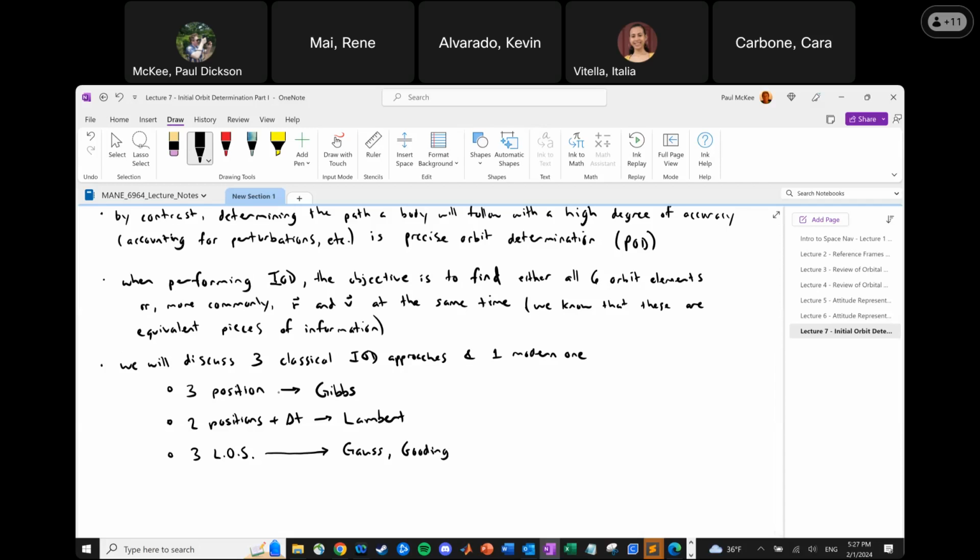Part of the reason we're doing this now is that your homework 1 extra credit asks you, if you're interested, to perform orbit determination using one or more, perhaps even all, of these methods, just to verify to yourself that they work. I would highly recommend looking at least at Gibbs method, partially because having that working is going to be required in homework 3, I think. So you might as well put in the time to do it now.